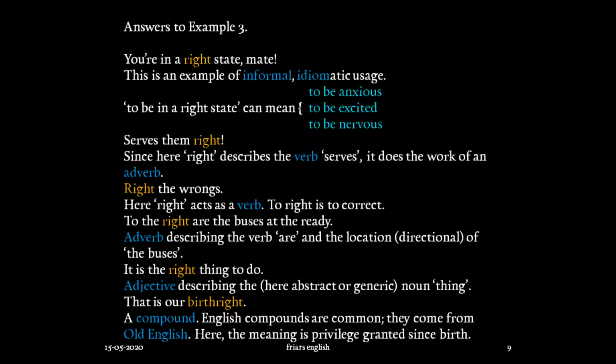So to correct whatever is wrong, or whatever wrongs there have been, and so on. Next sentence. To the right are buses at the ready. Now the phrase "at the ready" simply means that the buses are ready to perform whatever action they're going to perform, to depart maybe.